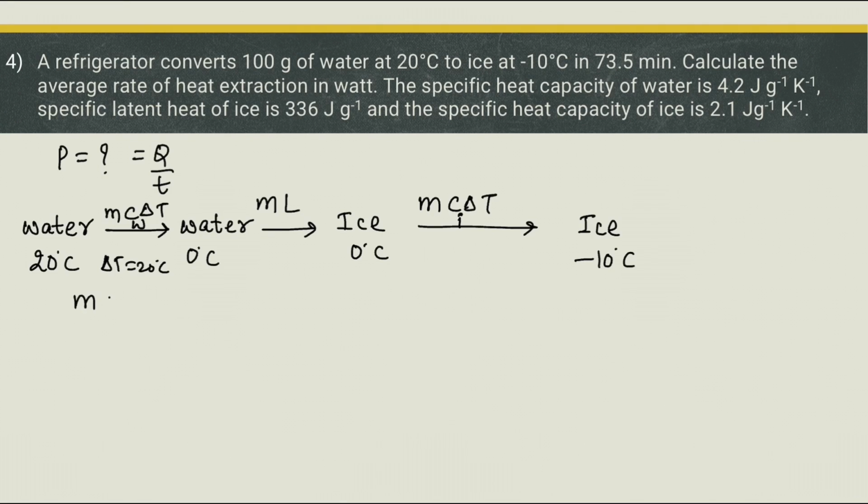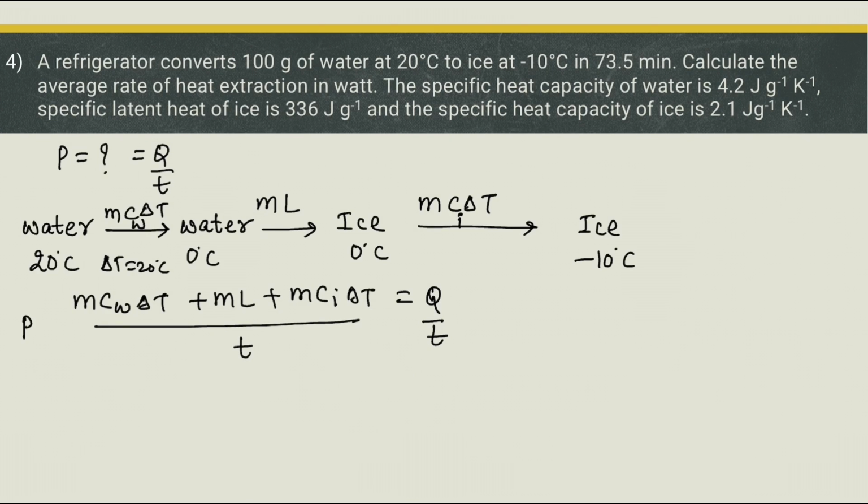So when I add m Cw delta T, ml and m Ci delta T, that is the value of our Q. Divide by time to find out the power. That's the formula that we can frame here. Now power is equal to, I can take m common from all the steps in the numerator.